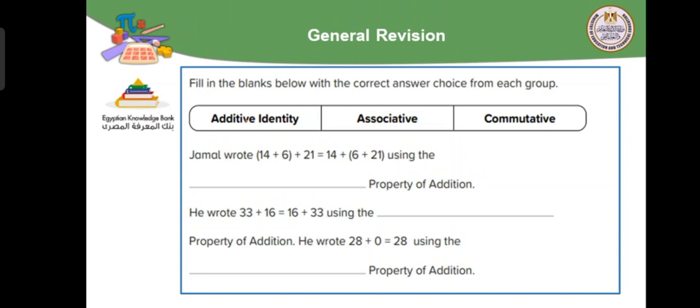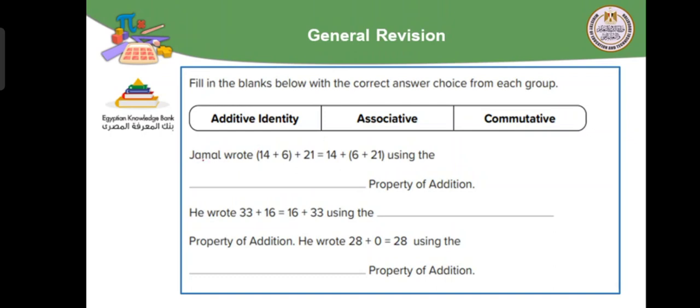Associative means you put numbers between two brackets, then complete that mathematical operation first. Commutative means interchange. If I say 2 plus 3 is the same as 3 plus 2, I get the same result. Then, look here.